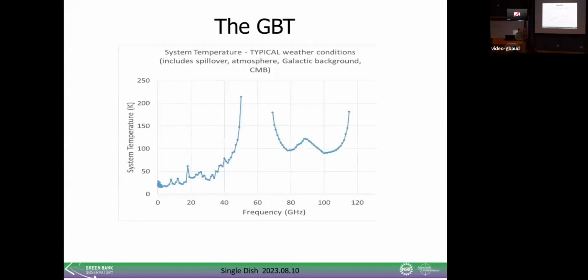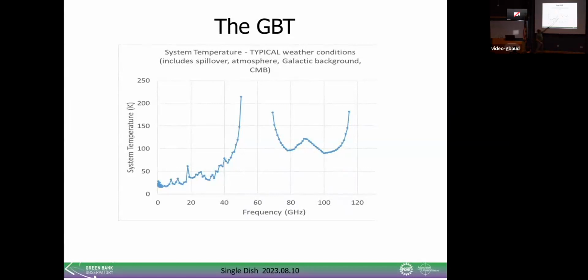So this is the system temperature in typical weather conditions. You can see down at the low end there's a little bit of galactic contribution, but pretty low until you get to the little bump around the water line, and then it goes up until you get to the oxygen line where we can't see through.